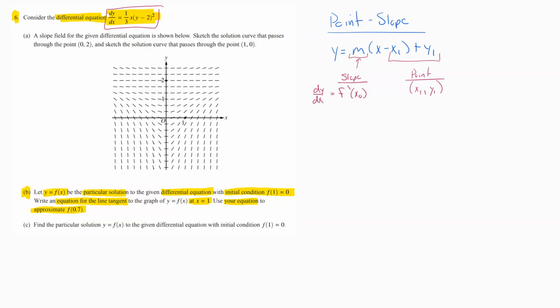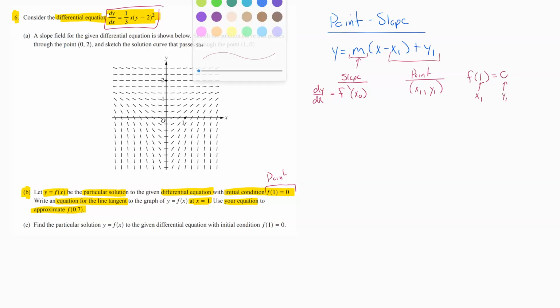So that's x1, y1, the point on the graph that we care about. The easiest thing to grab real fast is your point. What we've got right now is f of 1 equals 0. So that is the x value, that's x1, and this would be y1. Now to find our actual slope, we're going to use that derivative, that differential equation up there.